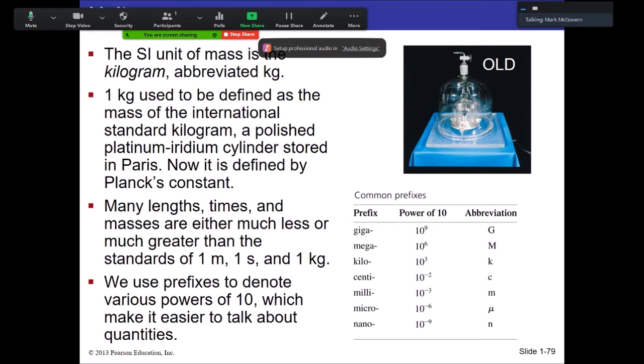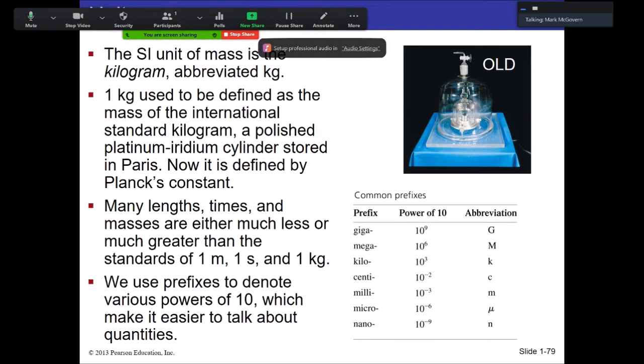The problem is since that was constructed, the mass of that thing has changed in various ways. I think it had gone down for some reason, and there's a lot of reasons for that. It's not a precise way, at least. The standard is off by micrograms, and if you need something that needs to be precise down to micrograms, then this is not a good standard to use.